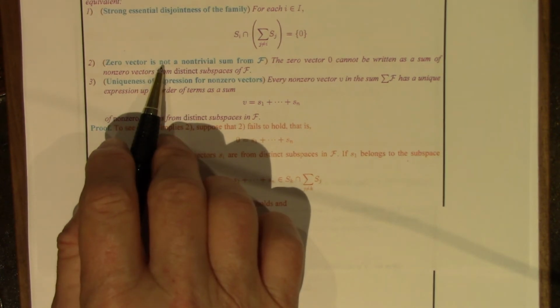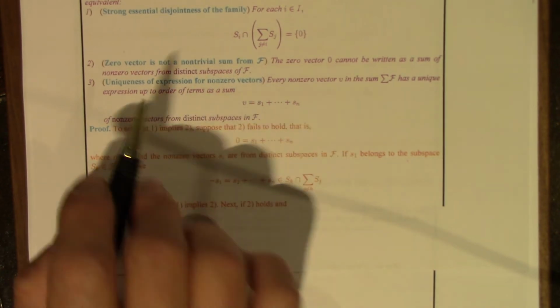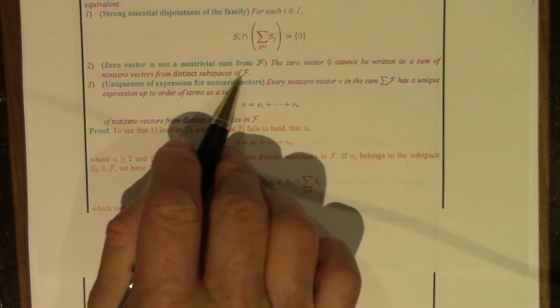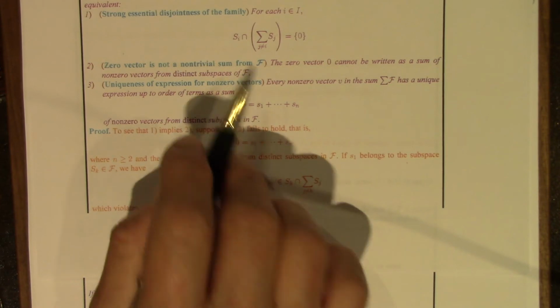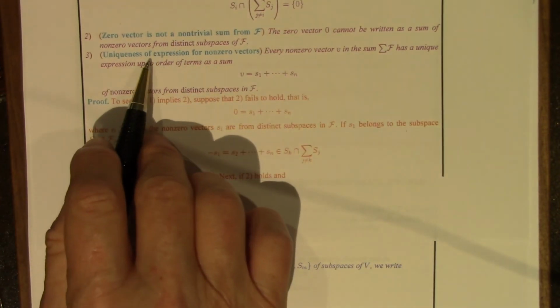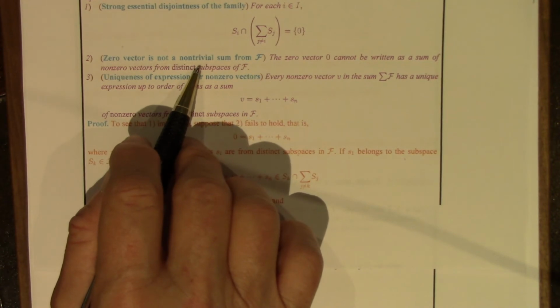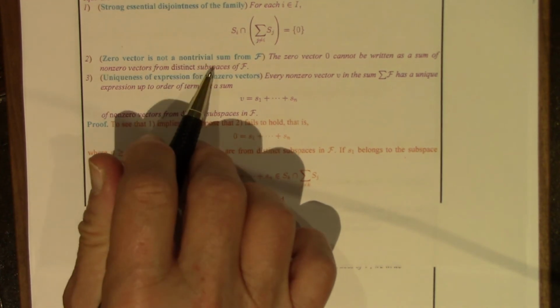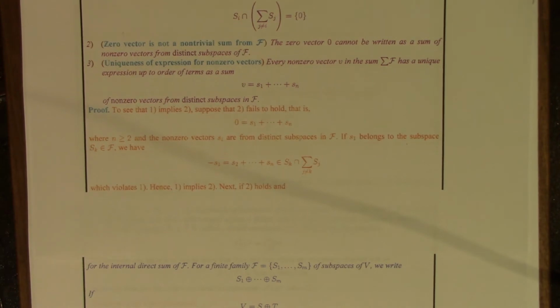Two: the zero vector cannot be written as a sum of non-zero vectors from distinct subspaces of the family. And that is, well, maybe the easiest way to test for strong essential disjointness. We write an equation with equals 0, and we see if it can hold or not.